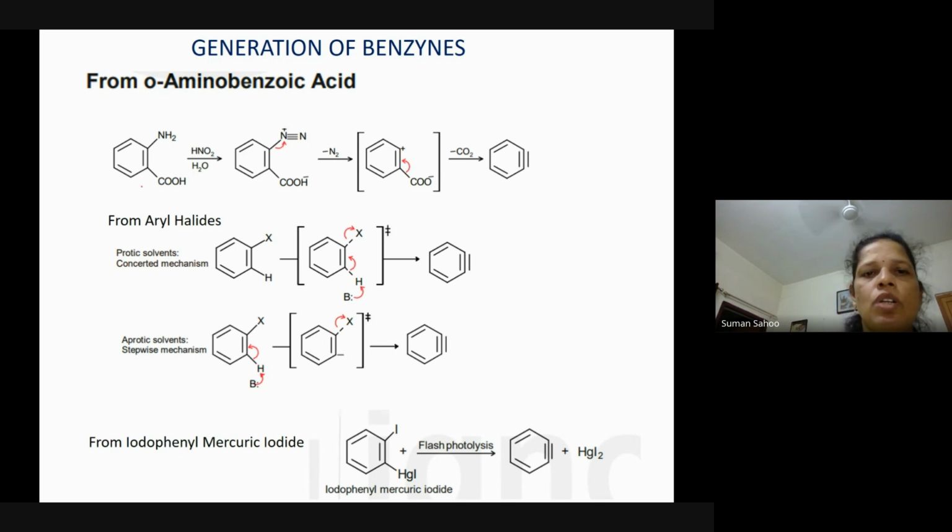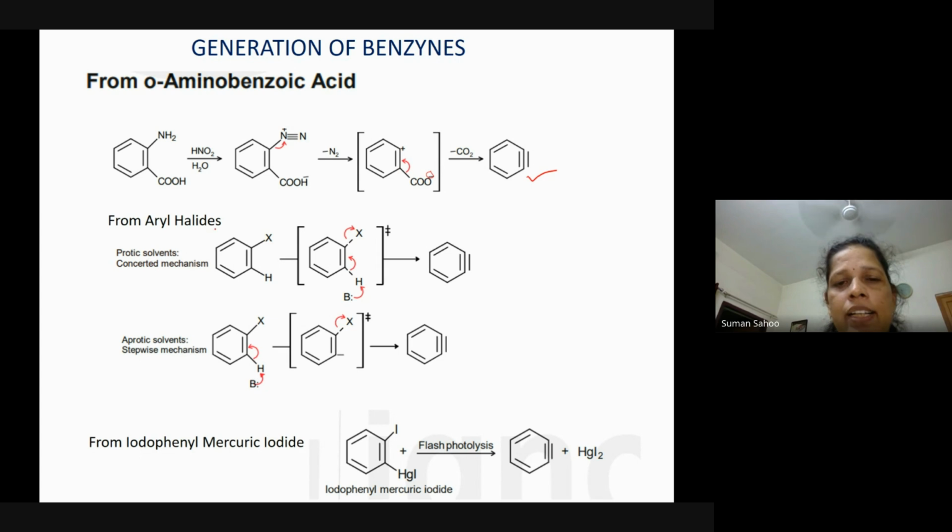When orthoaminobenzoic acid is treated with nitrous acid, it first forms a diazonium salt. This diazonium salt is not very stable, so it immediately releases nitrogen, forming a carbocation which immediately undergoes decarboxylation to generate your benzyne.